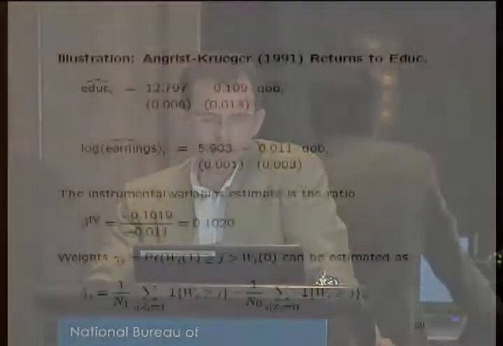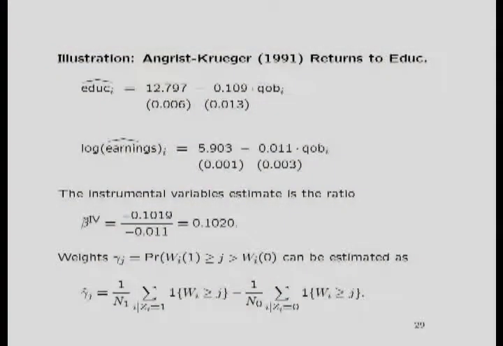Okay, let me illustrate this using this returns to schooling example where Angrist and Krueger estimated the effect of schooling using quarter of birth as an instrument.